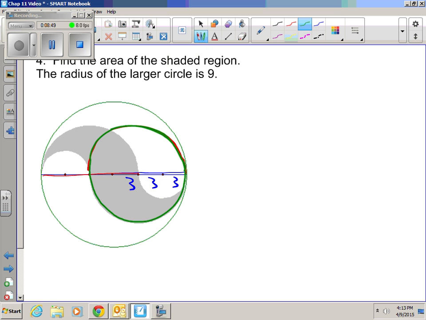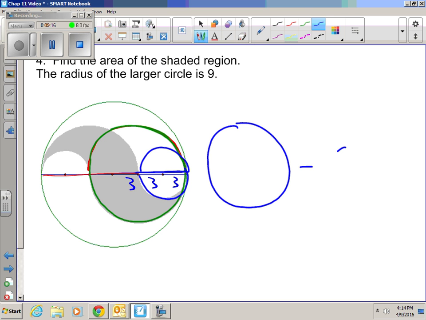Then notice I also have a little circle and a little half circle right here, and I can slide this half circle over. But you can see now I have a medium-sized circle minus a little circle.